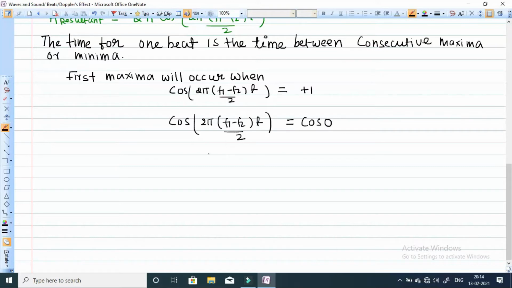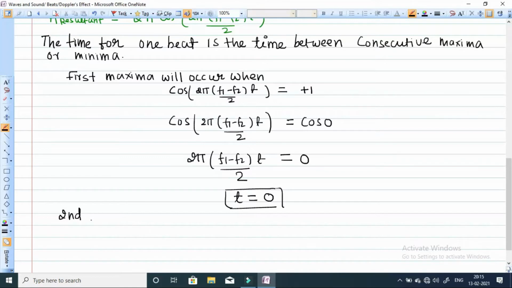Now if you analyze the angle, 2 pi (f1 minus f2) into t divided by 2 equals 0, so t will be equal to 0. So the first maxima will occur at t equal to 0. Now we can calculate the second maxima, which would occur in the negative direction basically, and we can calculate the time for the second maxima.